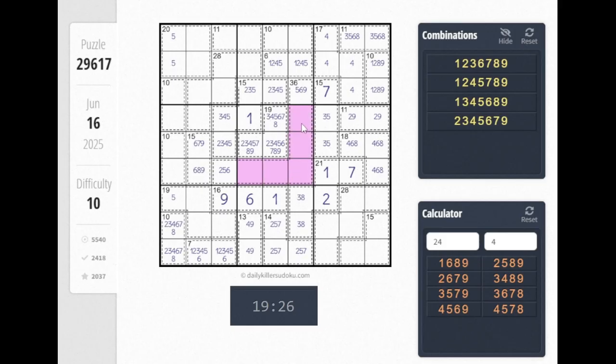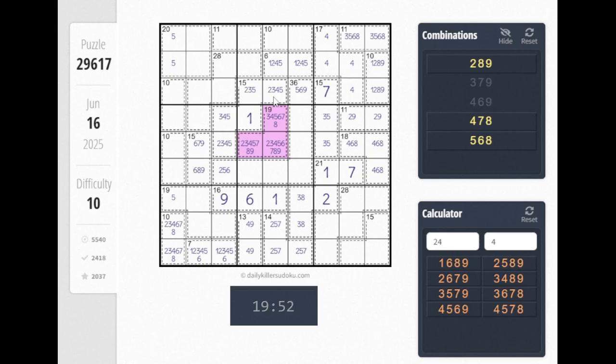Because this can't have an 8 in it, because then it would have to have a 1 somewhere, and we know there's no 1 in it. So 8 has to be here. Yeah, that's some nice detective work.